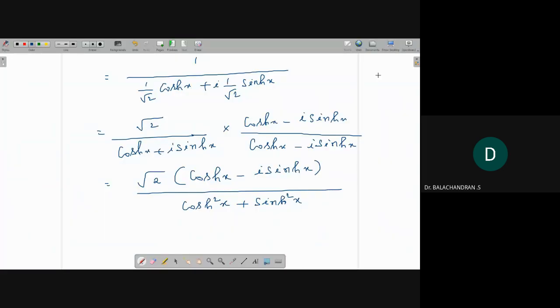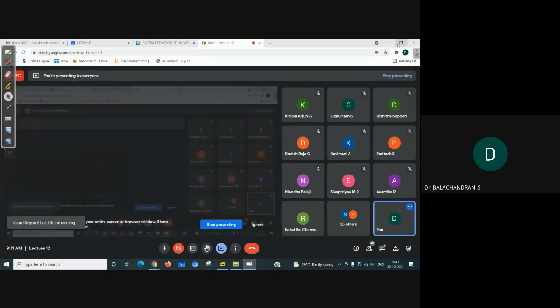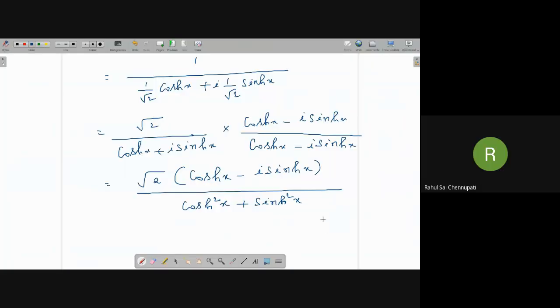Sir, by the formula, cos 2x is equal to cos square x minus sin square x. Very good, that is what I am expecting. I don't expect the final answer directly; at least you should know the corresponding formula, then only you can derive. Cos 2x is equal to cos square x minus sin square x.